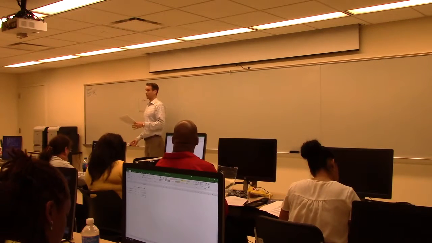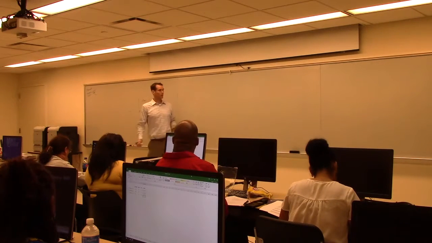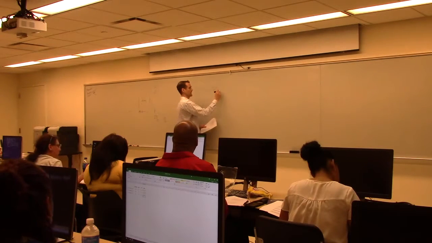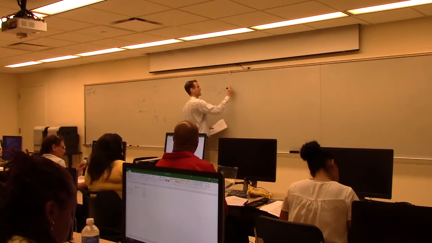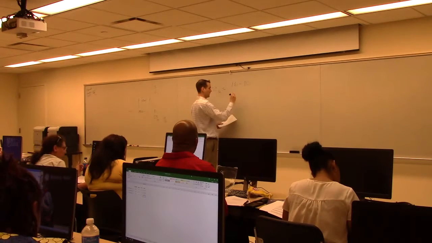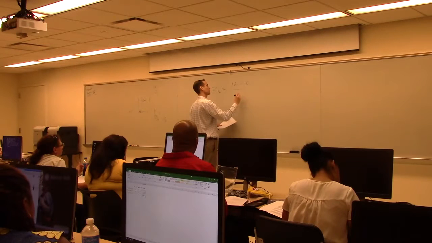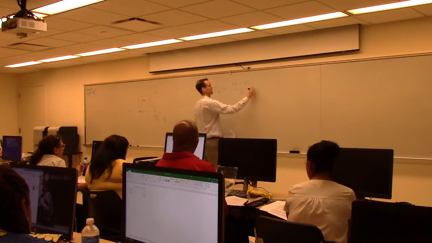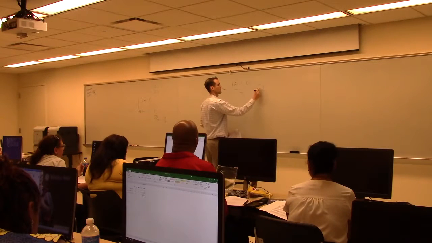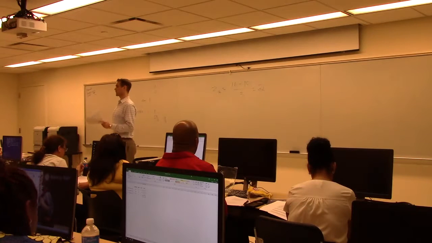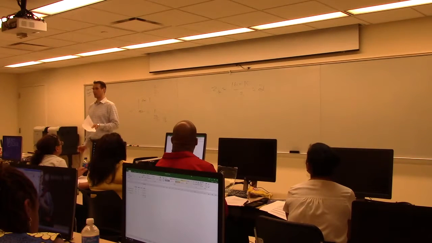Let's just say it was 3. So the Z-score for your experiment of 16 heads is going to be 16 minus the mean, which is 10, divided by our standard deviation, which is 3. So 16 minus 10 is 6, divided by 3 equals 2. So what that means is you were 2 standard deviations above the mean.